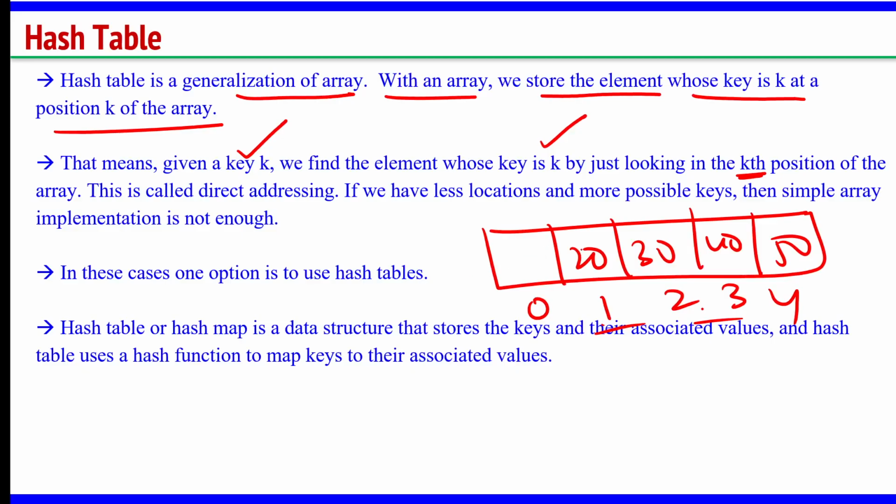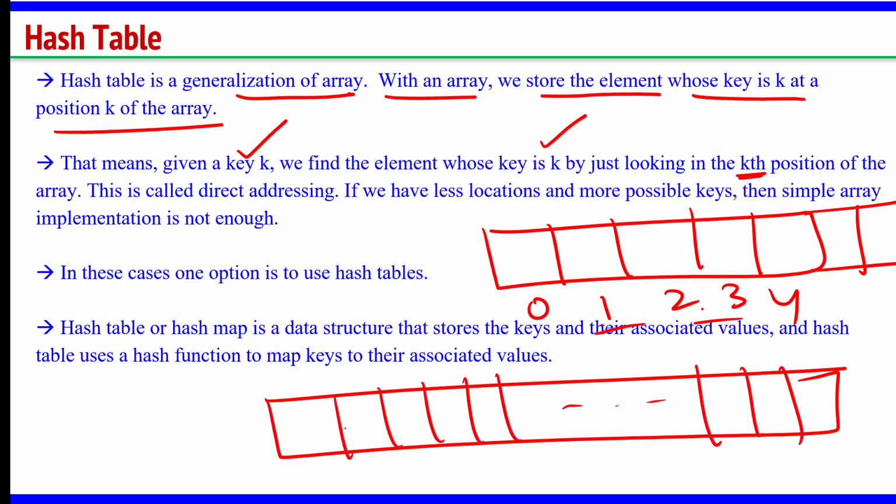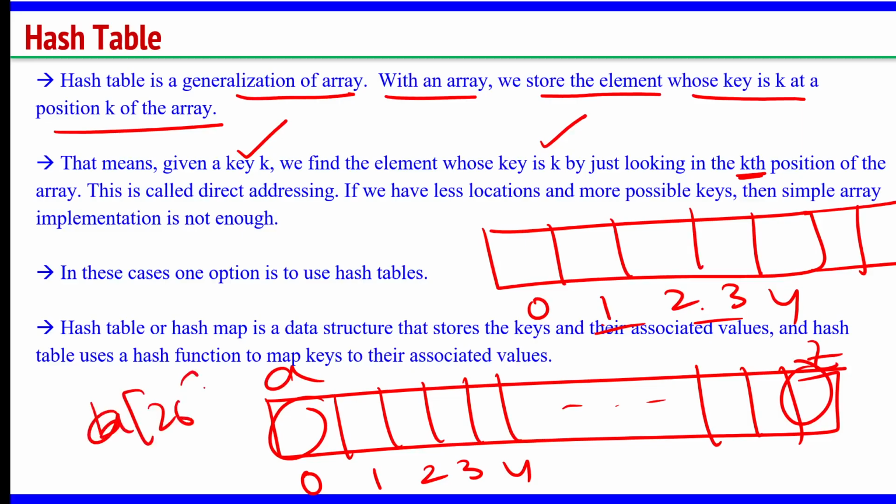That is what we have used for that string example. Suppose this is an array of size 26, with index 0, 1, 2, 3, 4. This is meant for A, and this is meant for Z, because I have taken an array of size 26.